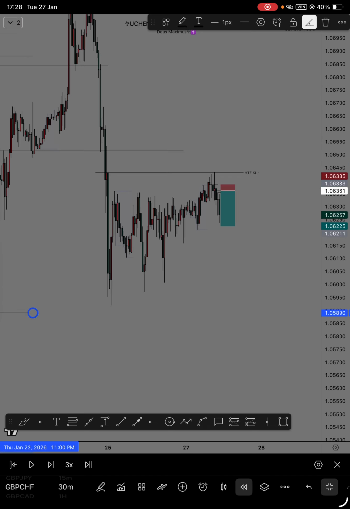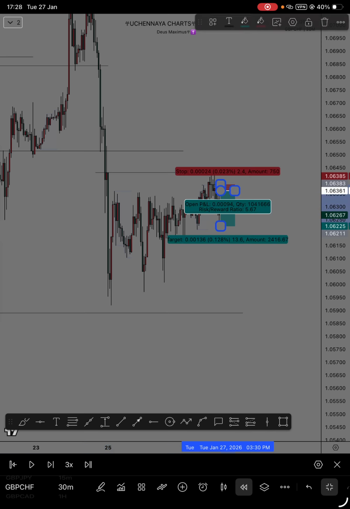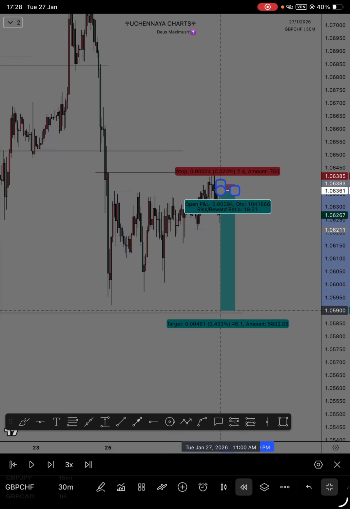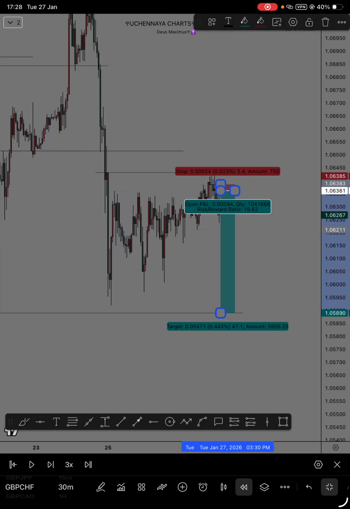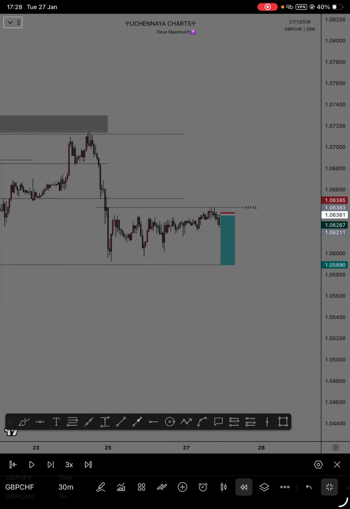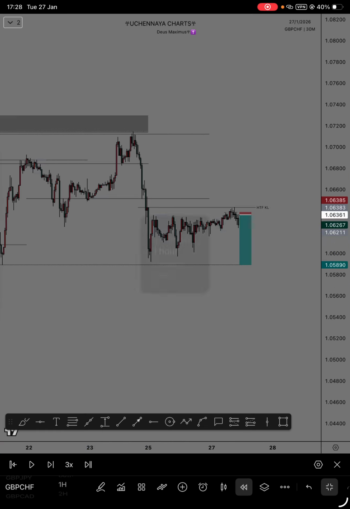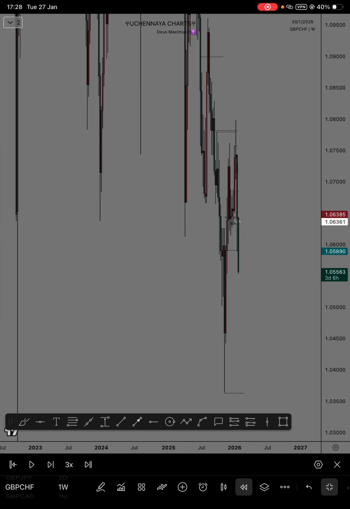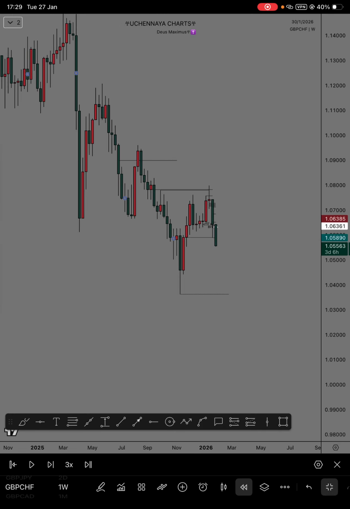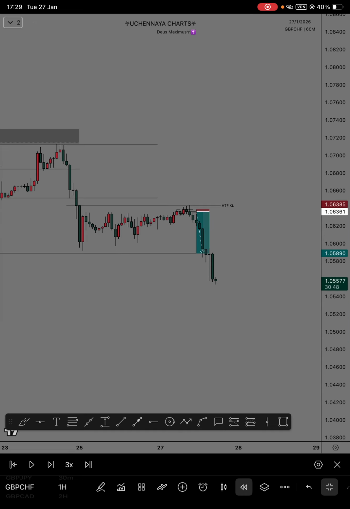I am targeting this daily candle range here, and if possible it is gonna be a swing trade, in that I want the whole of this weekly structure to be consumed, to be liquidated. Okay, so this is where I was looking for my target.